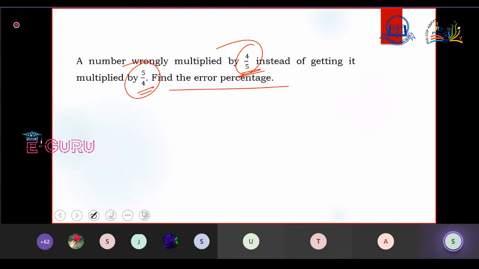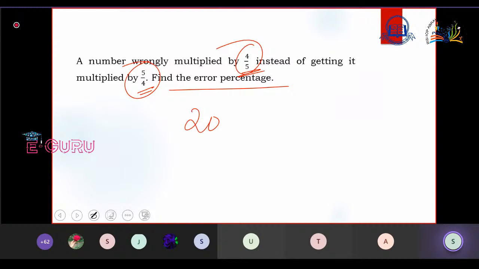LCM of 5 and 4 is 20, right? So let us assume 20 is the number. What did this person wrongly do in the calculation? Instead of multiplying with 5 by 4, he multiplied it with 4 by 5.